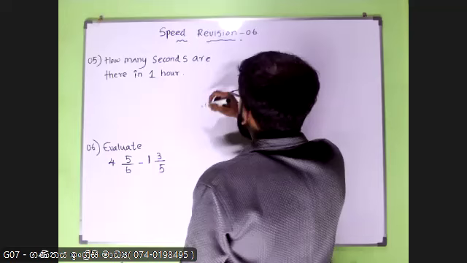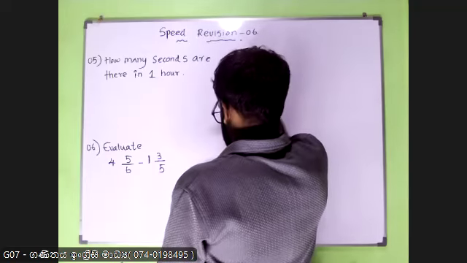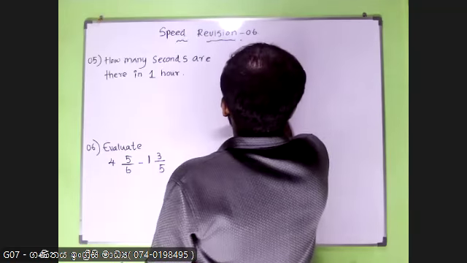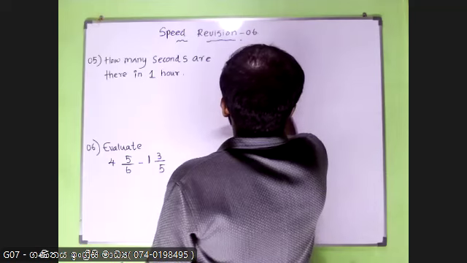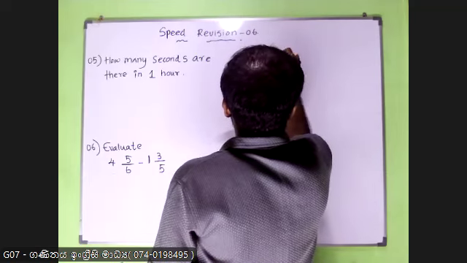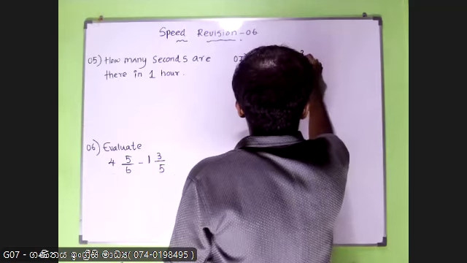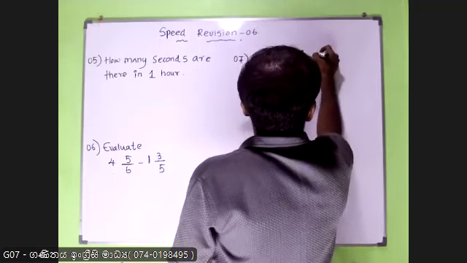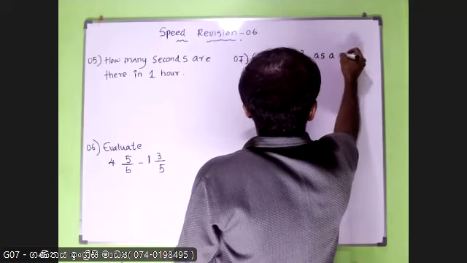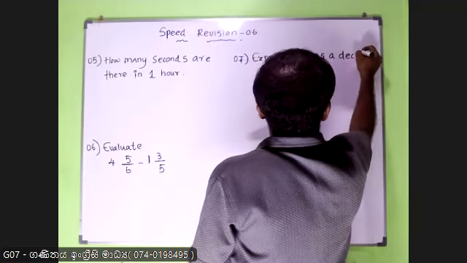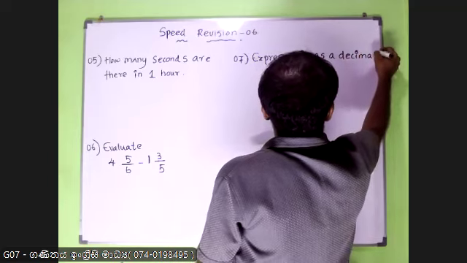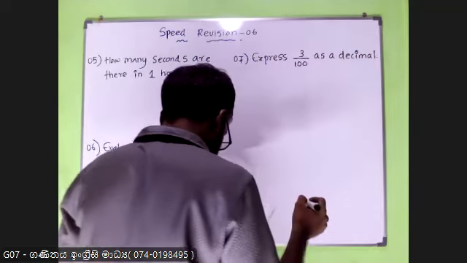Right. Seventh one. Express three upon 100 as a decimal. Right.